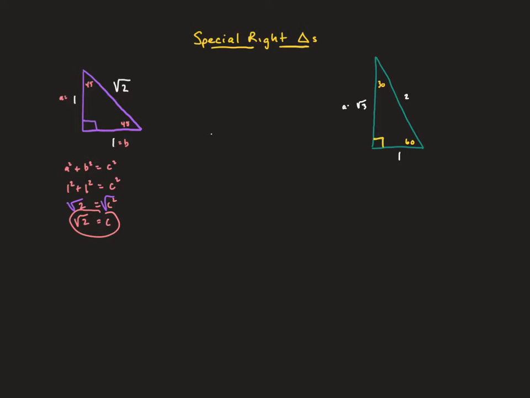And again, if I think of this as A, this is B, and this is C, that would be 1 squared plus the square root of 3 squared equals 2 squared. So I'm going to have 1 plus 3 equals 2 squared, which is 4 equals 4. So it's just the ratios involved with those side lengths. And they can expand out as long as the ratio remains equivalent for all sides. So just looking at those special right triangles as we go.